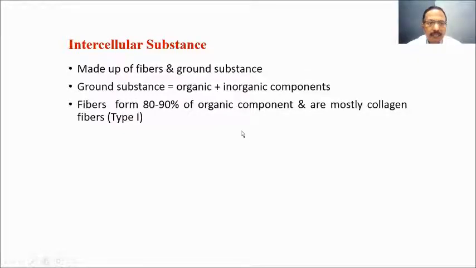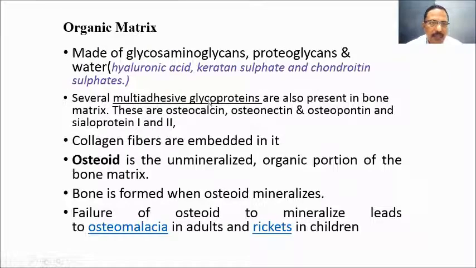Other than the cells, the matrix is made up of ground substance and fibers. In the ground substance, there is organic as well as inorganic material. The organic matrix of the bone is made up of glycosaminoglycans and proteoglycans, like hyaluronic acid, keratan sulfate, chondroitin sulfate, etc. And fibers are there.